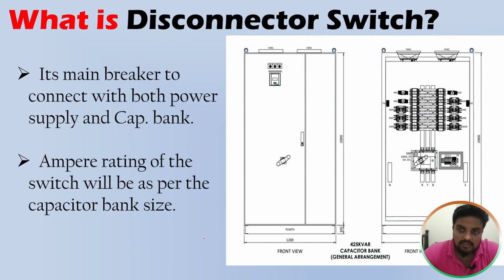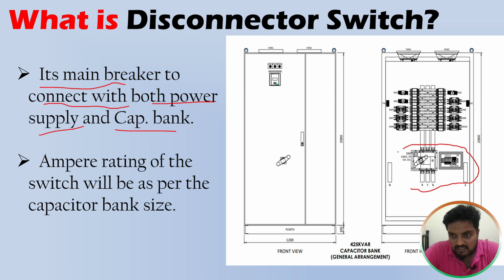Second, the disconnector switch. The disconnector switch is a main breaker to connect the power supply with the capacitor bank. As you see in this image, here we have one switch. This is called a switch disconnector or disconnector switch.